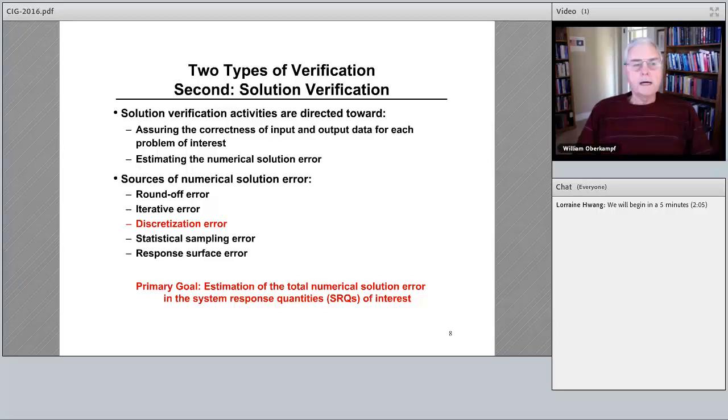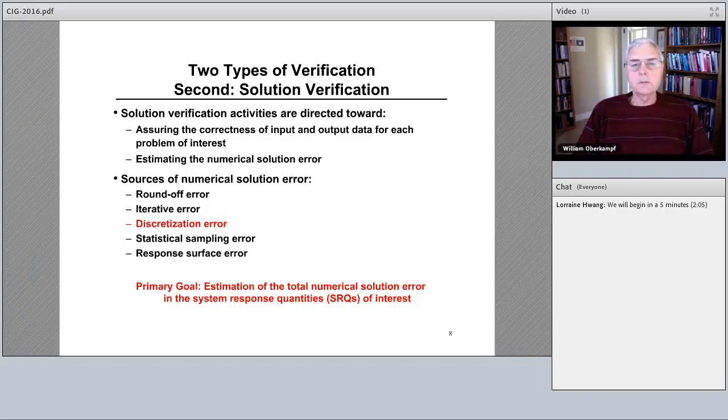There are 5 different sources of numerical solution error. People don't usually think about most of them, but this is what they are. Round-off error, which we almost always ignore, but of course it is always there because we have finite precision machines. But if we're operating on either double precision 32-bit or 64-bit machines, usually that's not a problem.